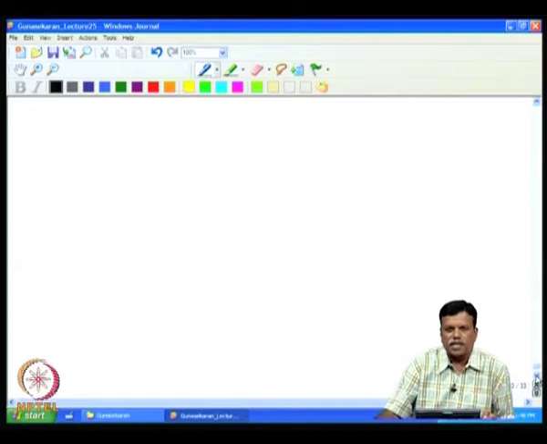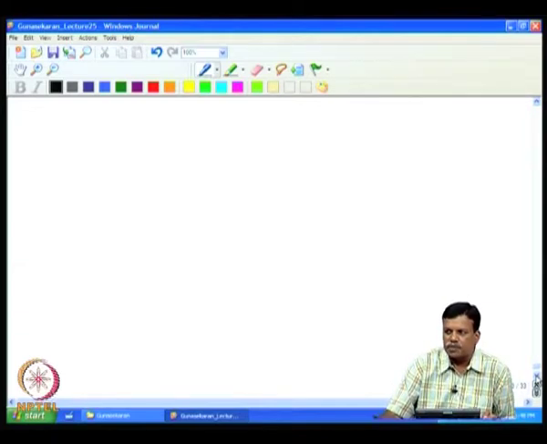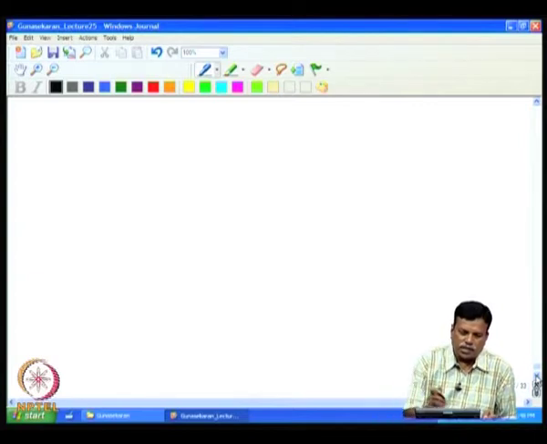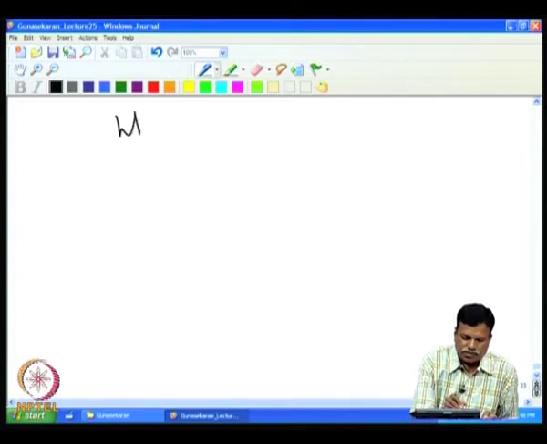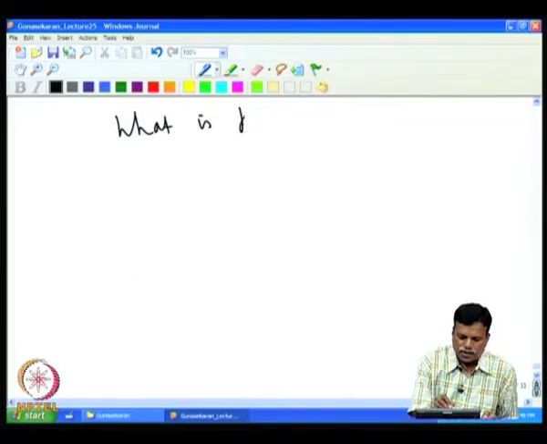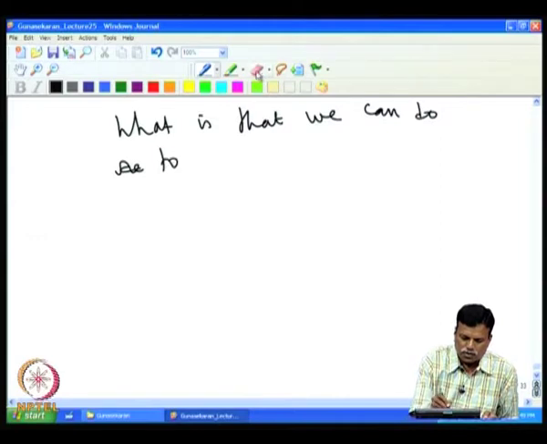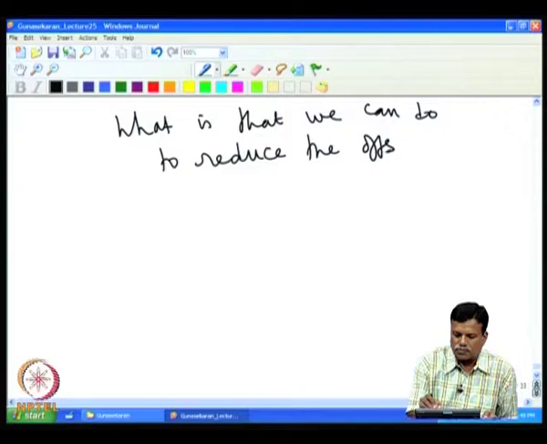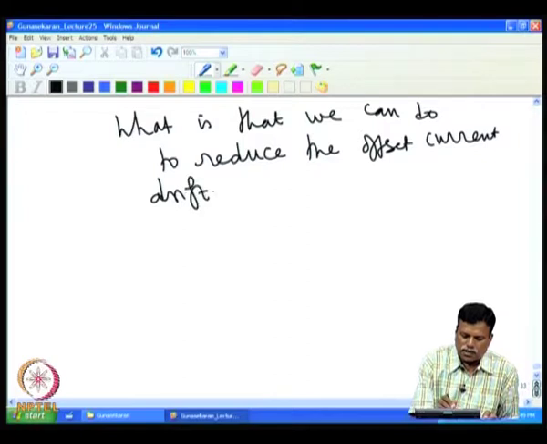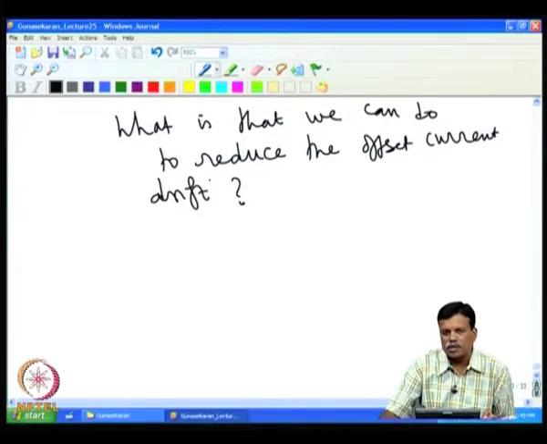Now, is there anything that one can do to remove the offset current drift or offset voltage drift? What can we do to reduce the offset current drift, other than reducing the resistance values in the feedback network?